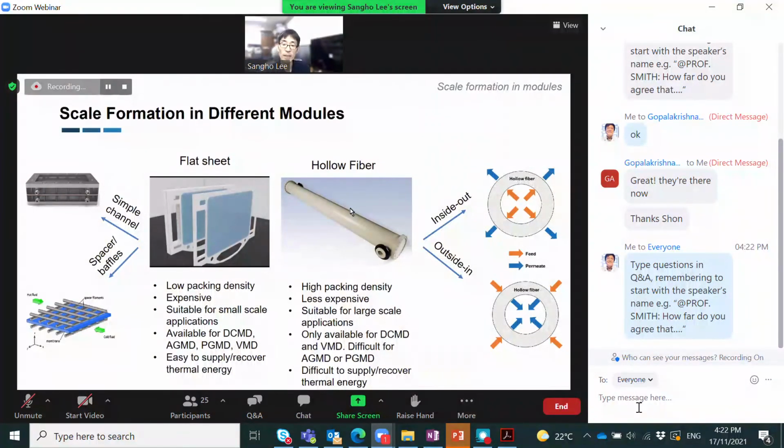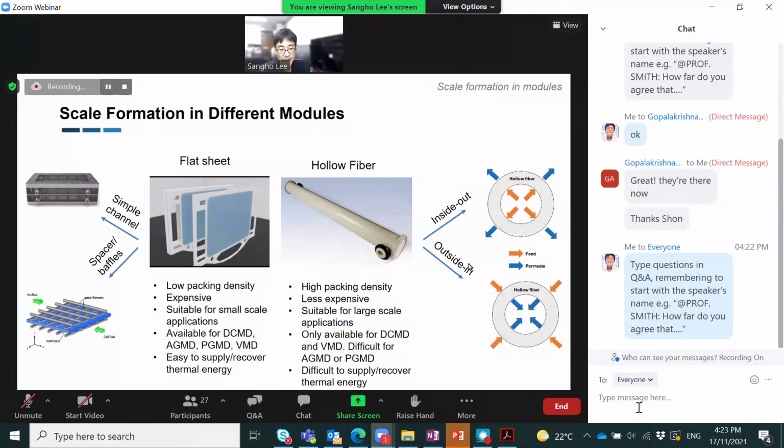As you know, those modules have pros and cons. But when you talk about the issues related to scale formation, in the case of flat sheet membranes, we need to consider whether the module has spacers or just flat flow channels, and depending on that, we need to apply different techniques.